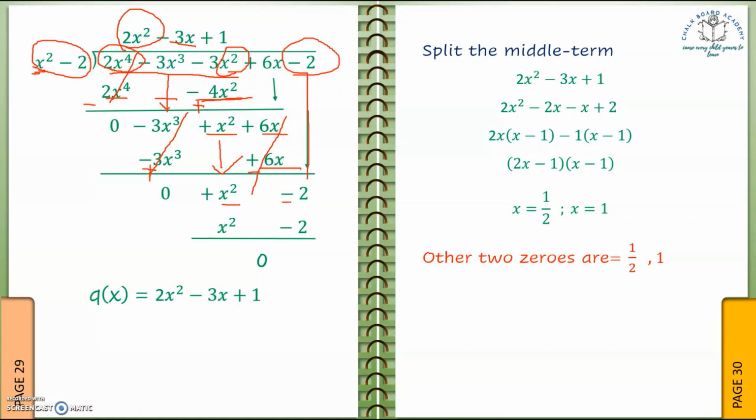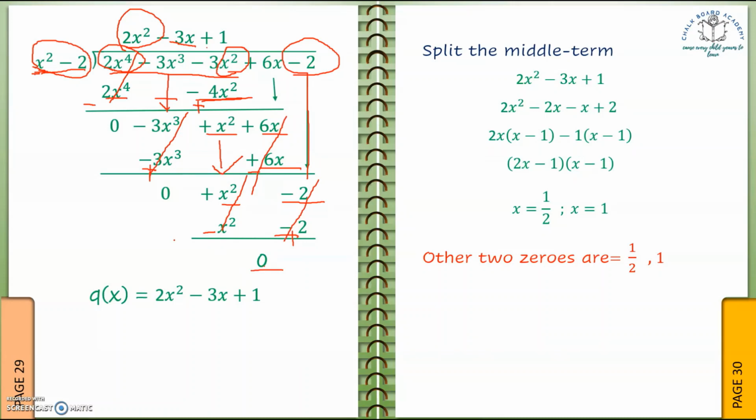So we get x square minus 2, and this is equal to the divisor x square minus 2. So we need not multiply it by anything, we are just multiplying it by 1. So plus 1, and we got the same expression here. Now by changing the sign, we eliminate these two. So no remainder, 0.